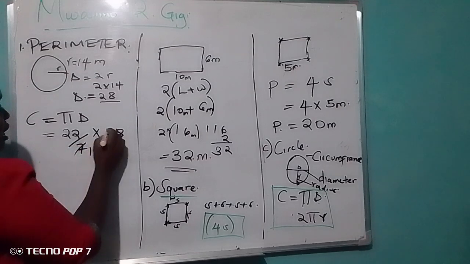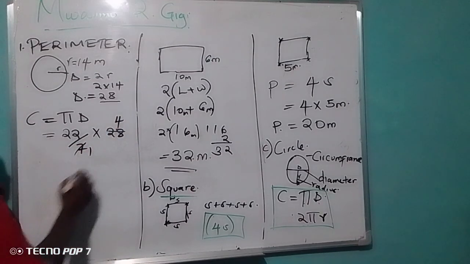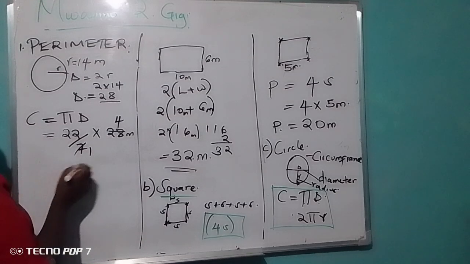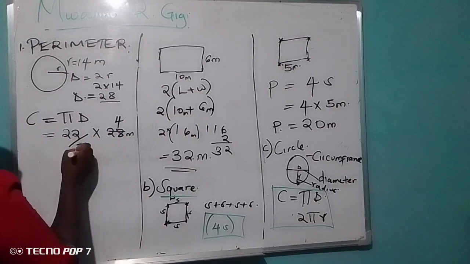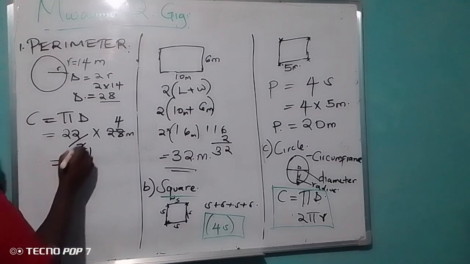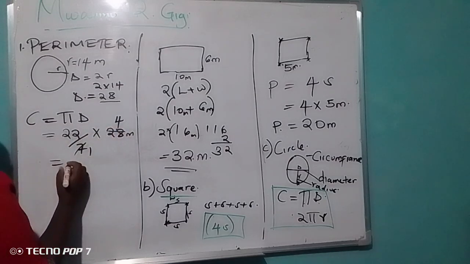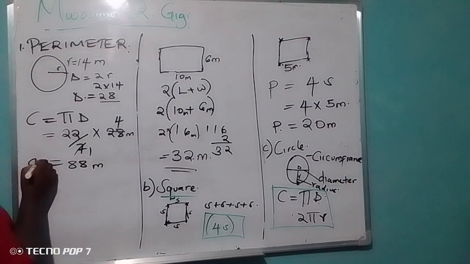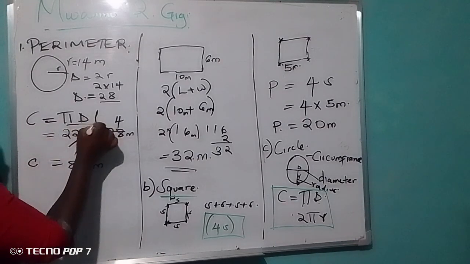So 7 into 28 goes 4 times. So it's 22 times 4, which is equal to 88 meters. So that's the circumference using the pi d.